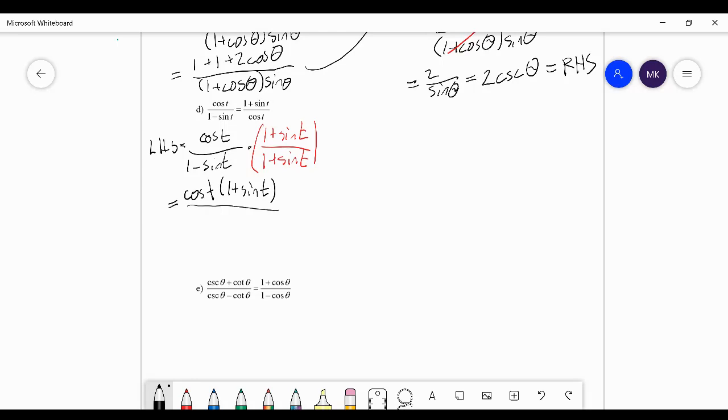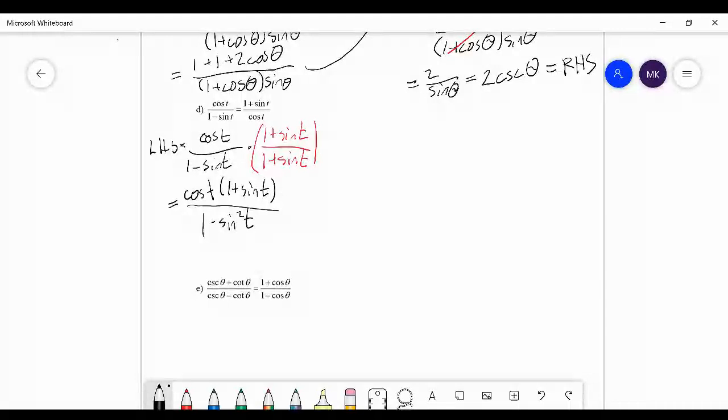That's the difference of squares. That's what that factors to. So when those multiply together, it's 1 squared minus sine squared t. And 1 squared is just 1.